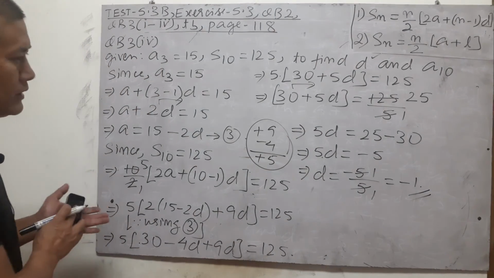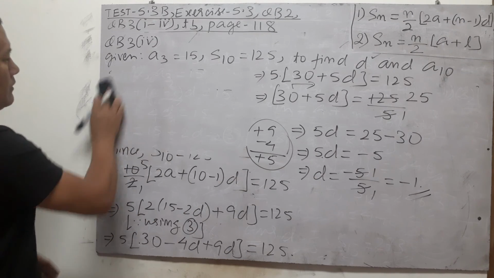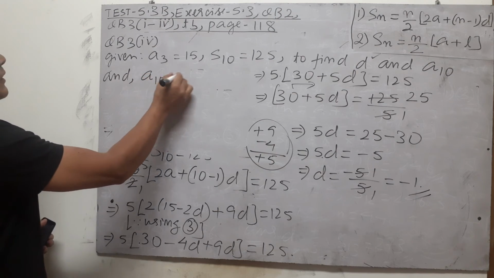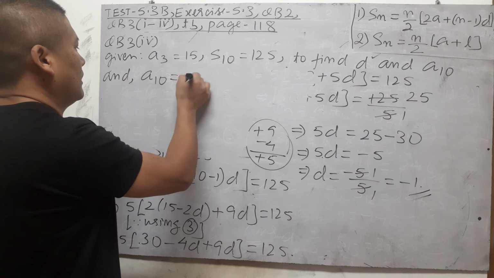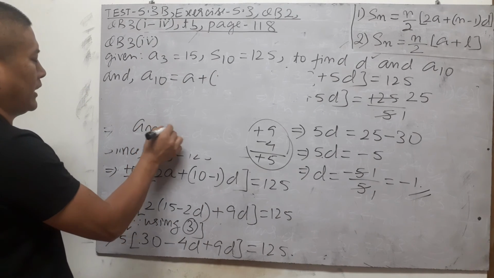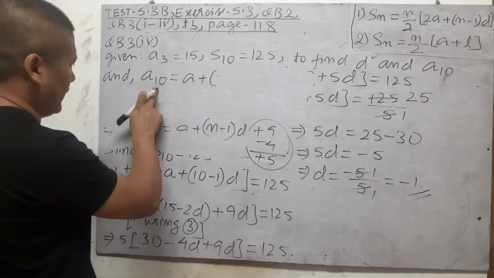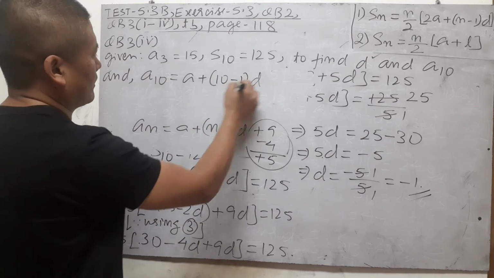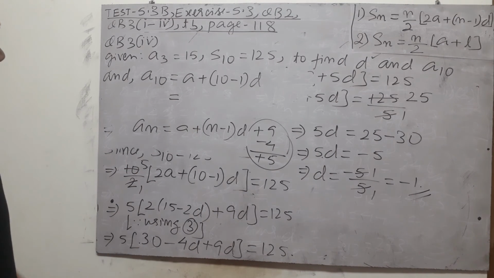So I'm going to write here, therefore, the 8/10 value is a plus n, and n is there. See here, I told you the formula: n is equal to a plus n minus 1 into d. So 8/10 will be a plus, n is 10, so 10 minus 1 into d.